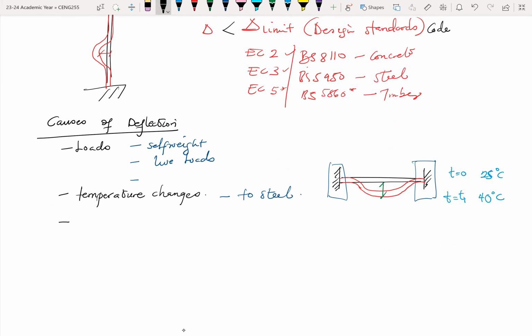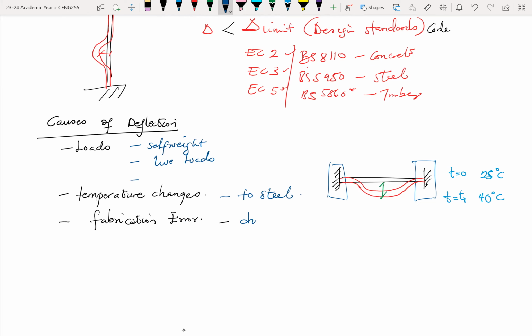The other one to be considered is fabrication error. Okay, and this usually happens during the manufacturing process of the steel member. All right, so during manufacturing and also during welding, especially if you are joining different members together.